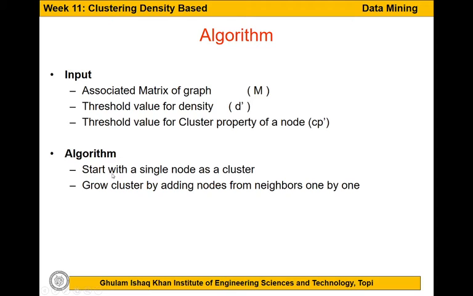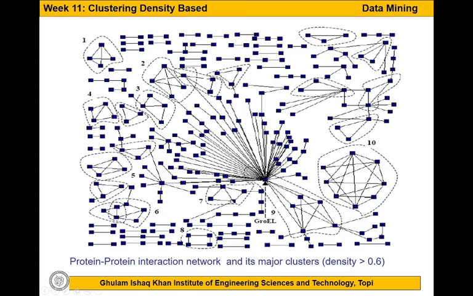the algorithm basically starts with a single node as a cluster and grows the cluster by adding nodes from neighbors one by one, right. For example, here, if it selects this node as a cluster, then maybe it will select this node to be added to the cluster, then maybe this node, and then this node, and this selection is guided by a certain mechanism, and I'll be explaining it shortly.